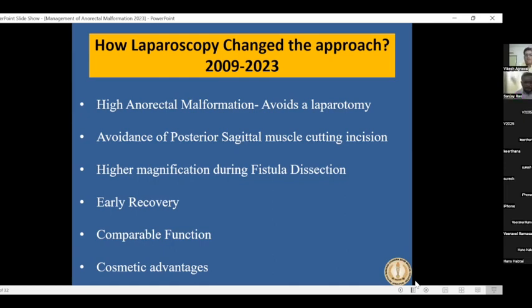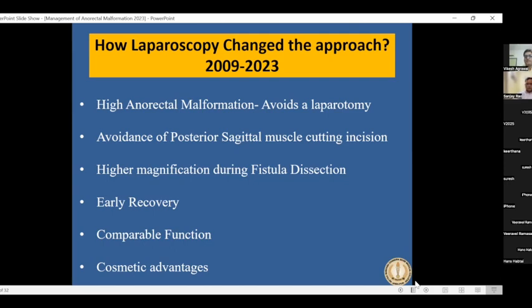So the biggest advantage of laparoscopic anorectoplasty is avoidance of a posterior sagittal muscle cutting incision. And as there is higher magnification associated with minimal access surgery, that eases the fistula dissection, which is very close to the vas and the seminal vesicles ending at the level of the fistula, as we know in cases of anorectal malformation.